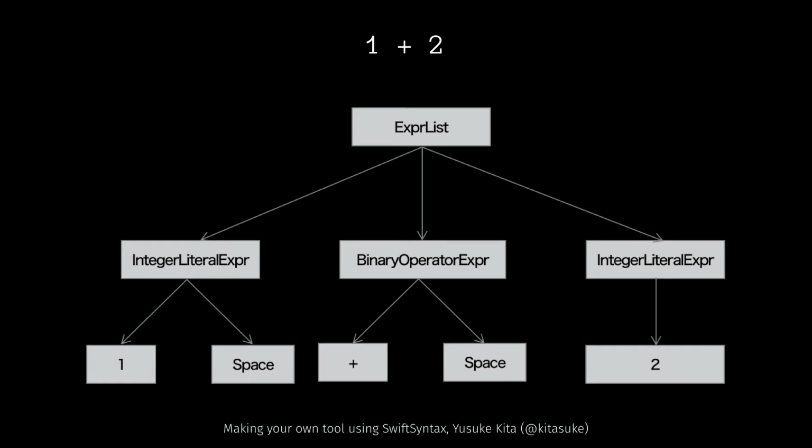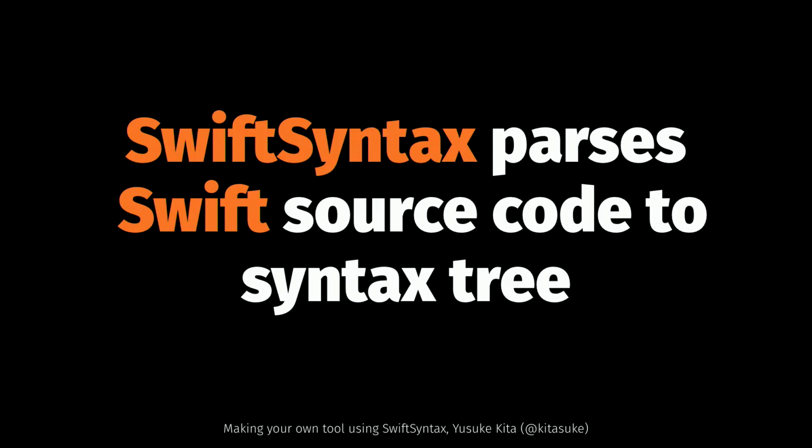So we can express our Swift source code with this syntax tree by using SwiftSyntax. Okay, so a simplified version of SwiftSyntax is that it parses Swift source code into a syntax tree. That's it. That's really simple, right?